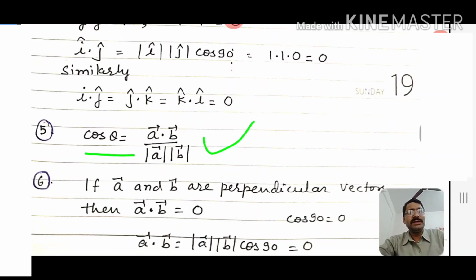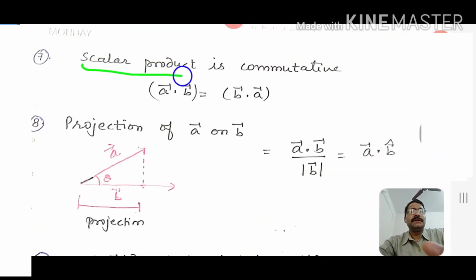So A dot B equals 0. If A and B are perpendicular vectors, then A dot B equals 0. You can understand this: A dot B equals modulus A modulus B cos 90, and cos 90 is 0. So 0 into any number is 0. So A dot B equals 0. So if you have any two vectors that are perpendicular, their product is 0. The scalar product is commutative, means A dot B or B dot A are both equal.